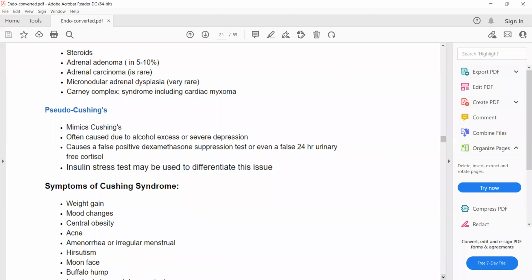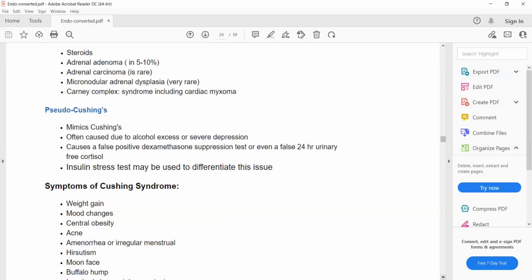Severe depression or alcohol excess basically stimulates the hypothalamus to produce CRH or corticotropin releasing hormone, which then stimulates ACTH, which then stimulates the adrenal glands to produce excessive cortisol.